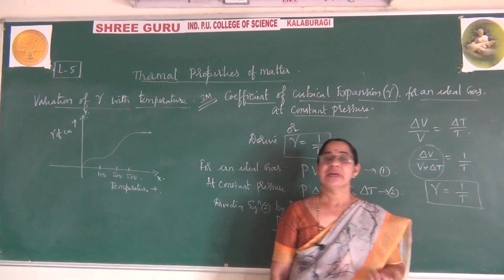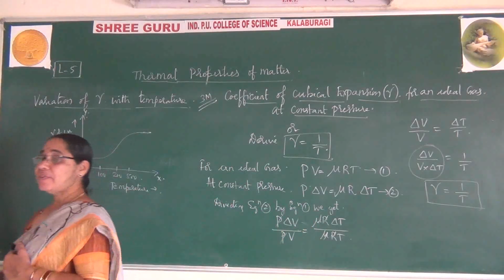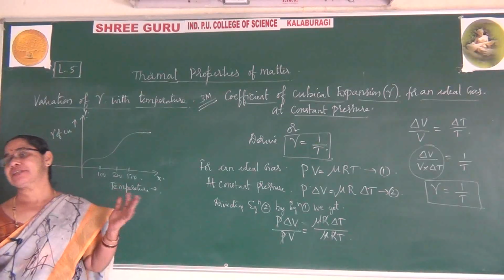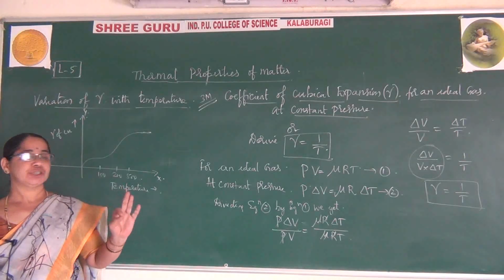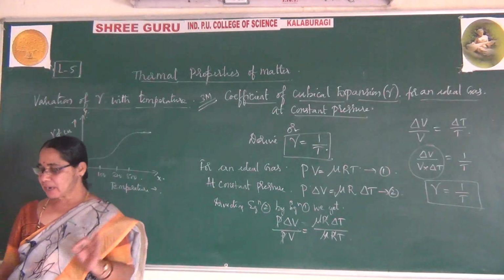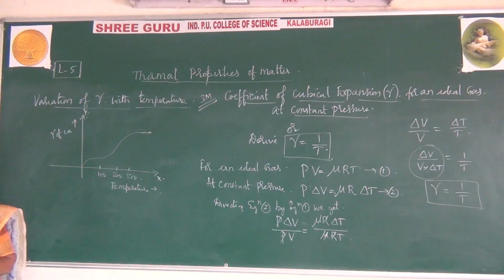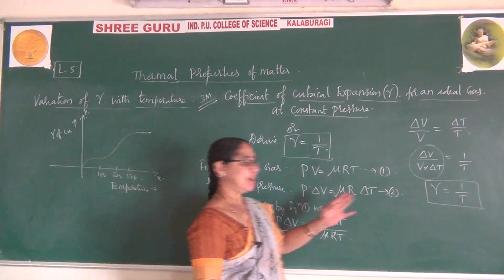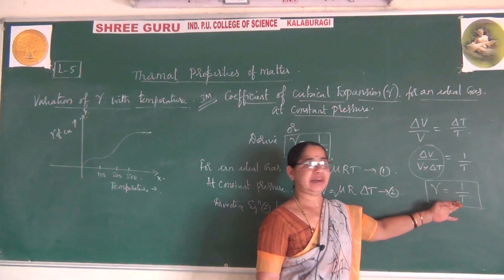So as the cubical expansion increases, temperature decreases. They are always inversely proportional. As there is an increase in temperature, cubical expansion goes on decreasing. Always remember they are inversely proportional to each other. This is how you explain the concept. So you can say volume expansion decreases when temperature increases, and volume expansion increases when temperature decreases.